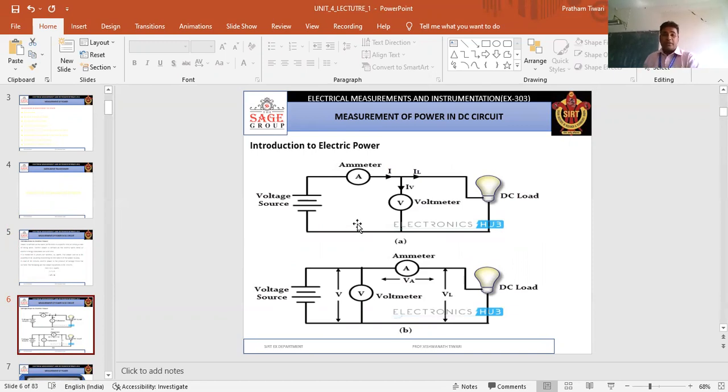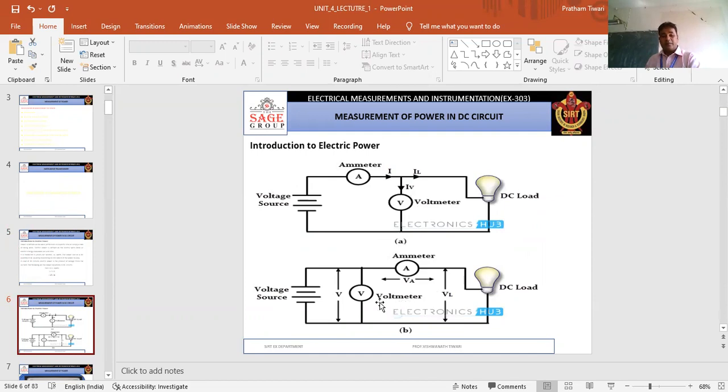The ammeter is always connected in series with the electrical circuit, and the voltmeter is always connected in parallel. In this figure you can see the ammeter is connected in series with the circuit voltage source, and the voltmeter is connected in parallel. This is the load, a DC load, maybe a DC bulb.